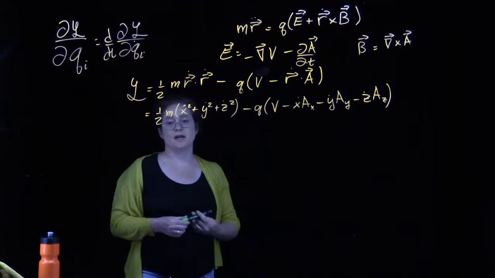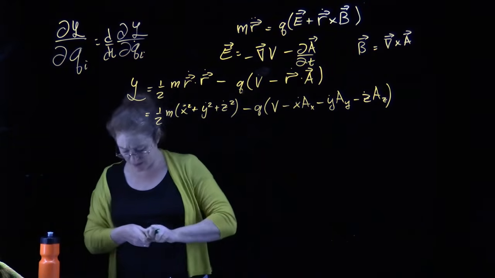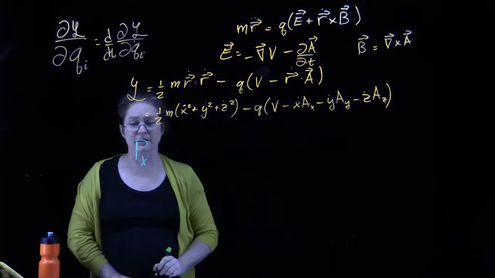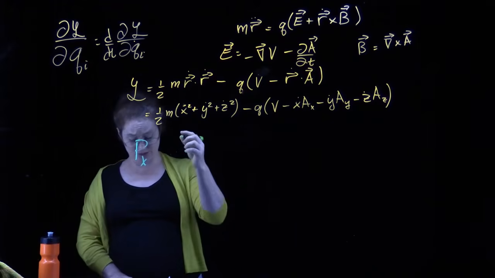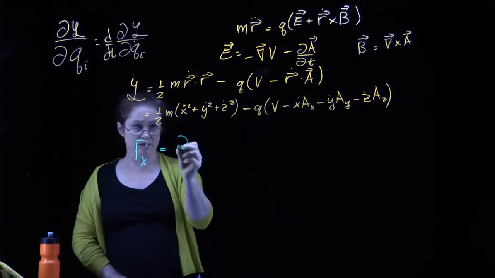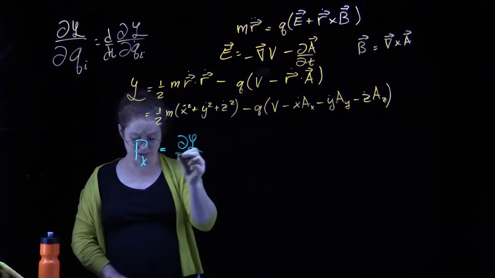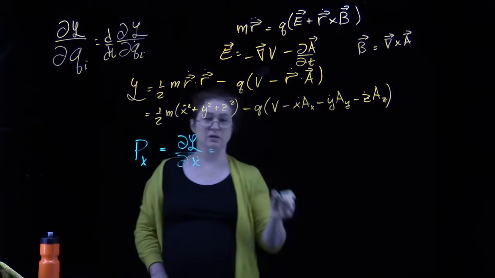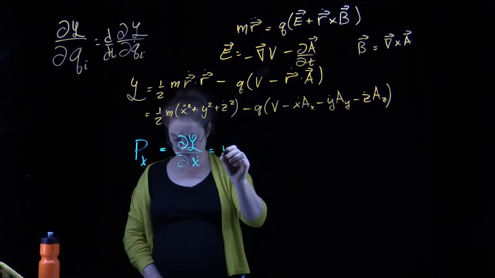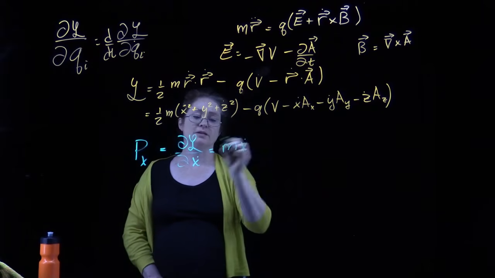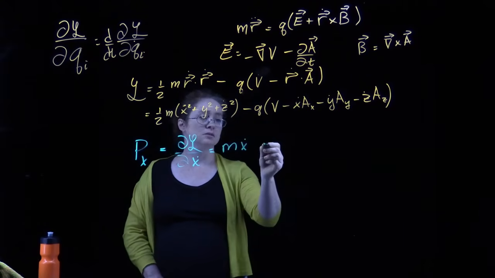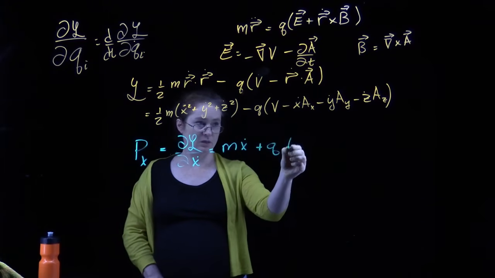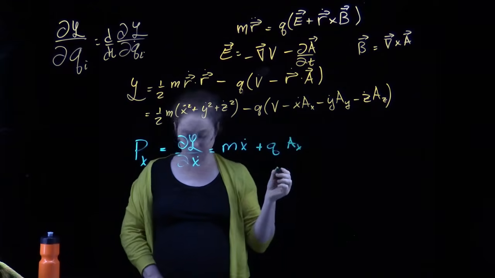So then, if we have this Lagrangian instead, let's look at the momentum in the x direction. This is partial L, partial x dot, and this is then m x dot plus q ax.